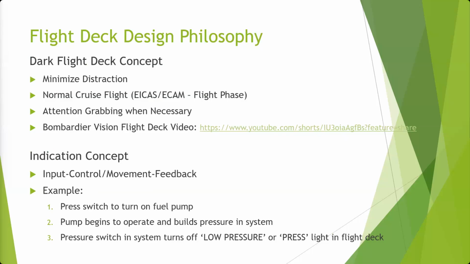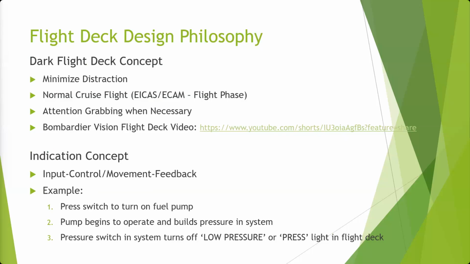Downstream of the pump, there's a pressure switch or a pressure sensor. When that actually senses fuel pressure, it then turns that light off up in the flight deck. So while you're in flight, say that pump fails, the switch is on but the pump fails, there's a loss of pressure, then that light comes on to tell you that the pressure has gone away.